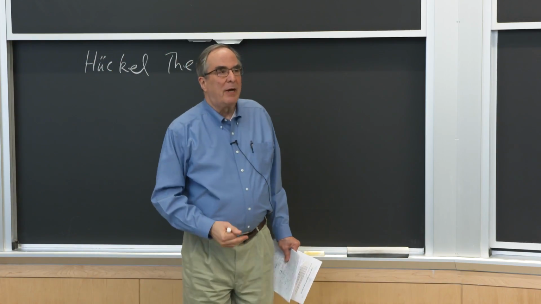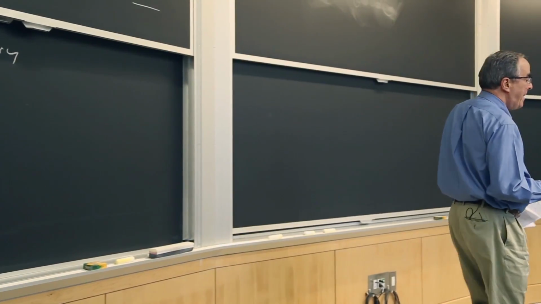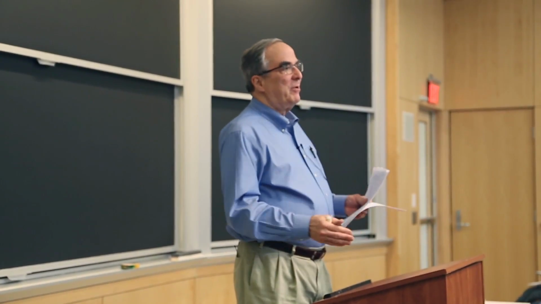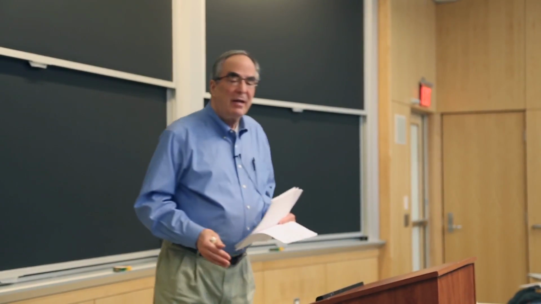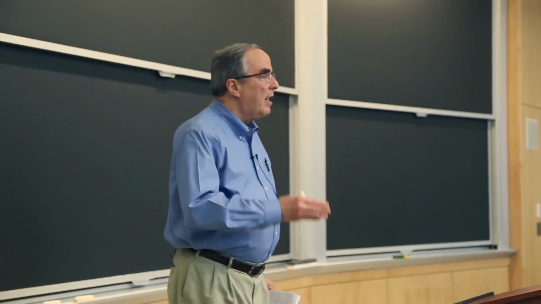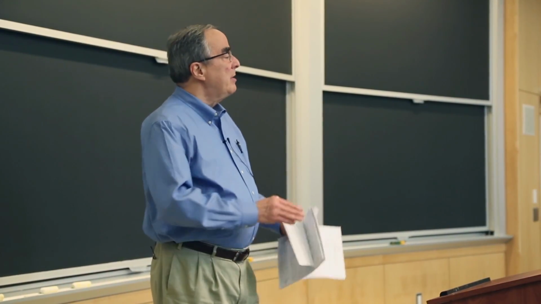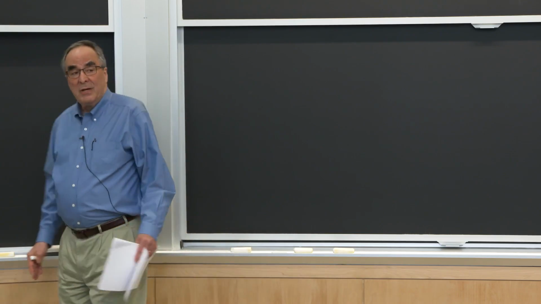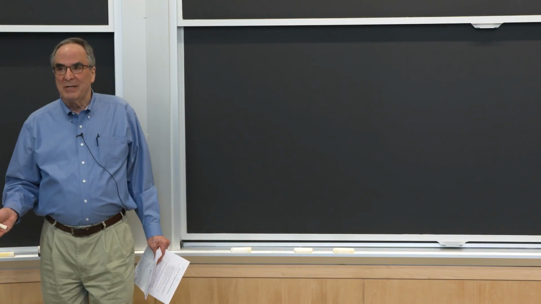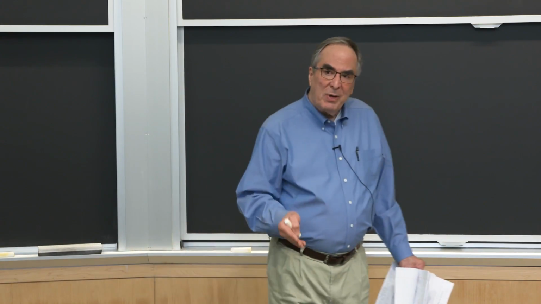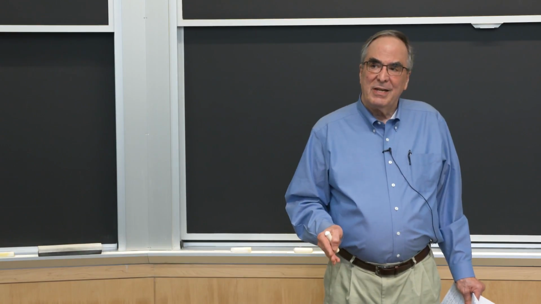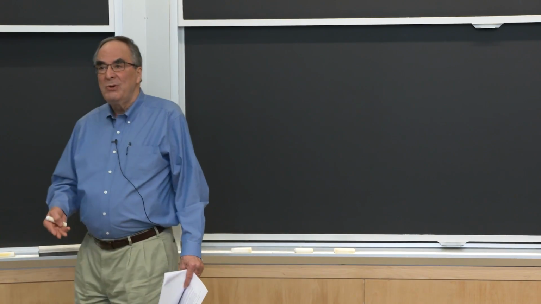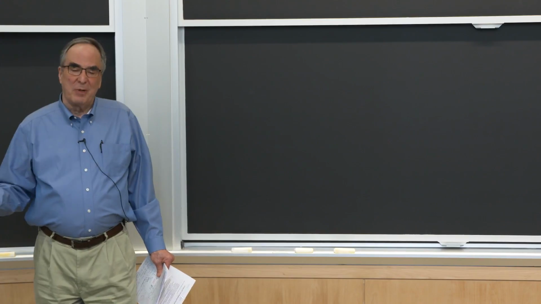Huckel theory is another kind of non-rigorous theory. In fact, it's laughable in its simplicity. And the idea is that even such a crude theory can make sense out of huge families of molecules and enable you to be quantitative about things without having to do a huge calculation. Now, you almost always have to diagonalize a matrix, because usually in Huckel theory, you're dealing with more than 2 or 3 relevant orbitals.